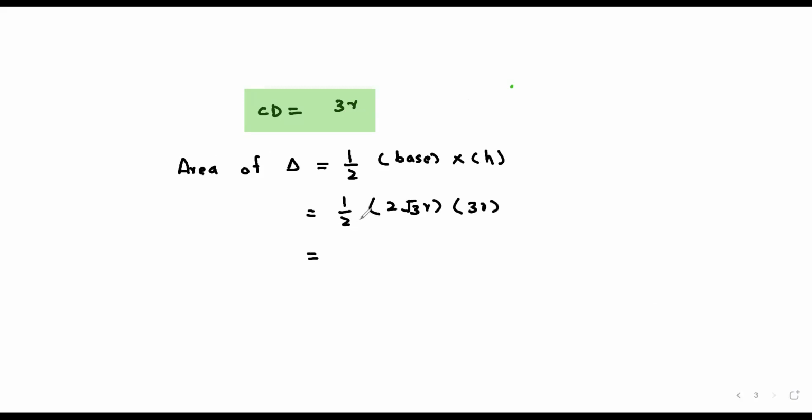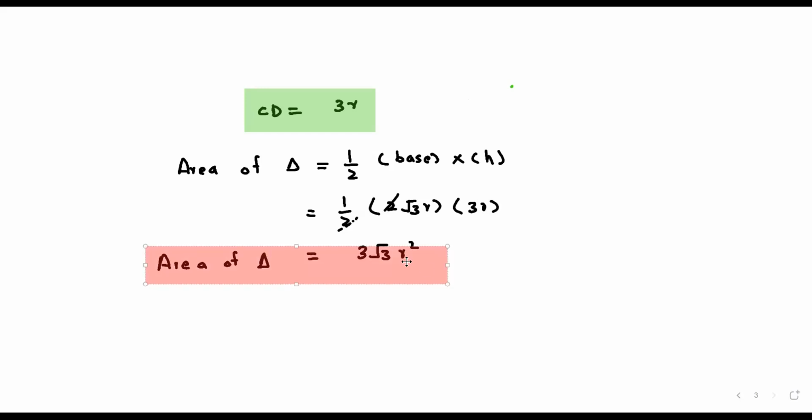So this 2 cancels with this 2. So we get 3 square root of 3 R squared as the area of this triangle.